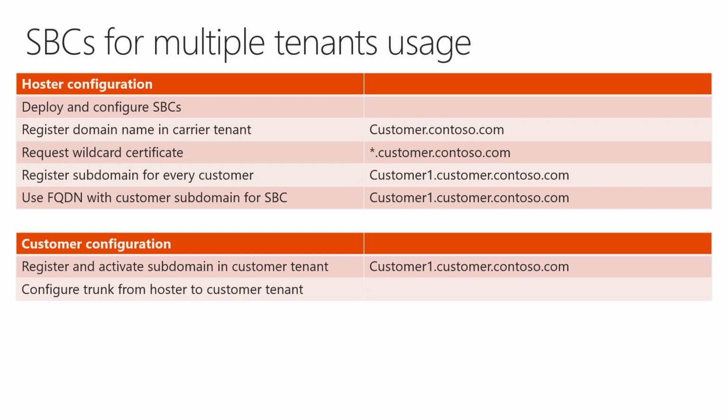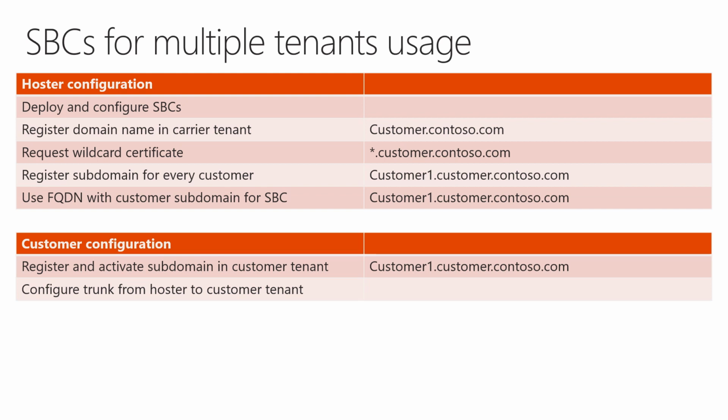As a hoster, first, obviously, you need to deploy and configure SBCs. You then need to register the domain name in the carrier tenant. The assumption here, in the example, is that the partner has the domain contoso.com, and now they register a new domain, customer.contoso.com, and they will use this domain to home all of the SBC names.